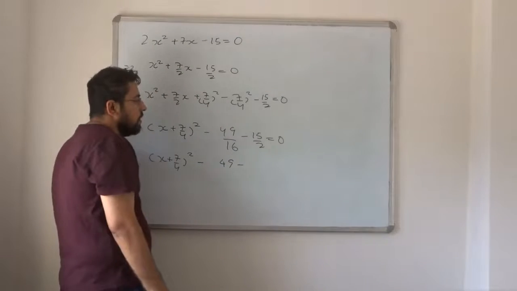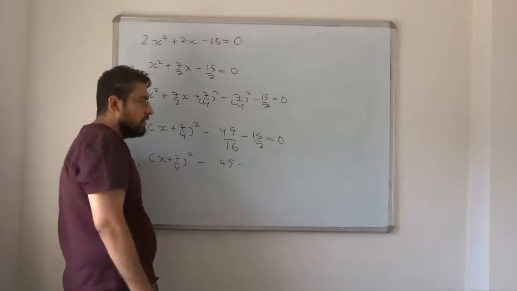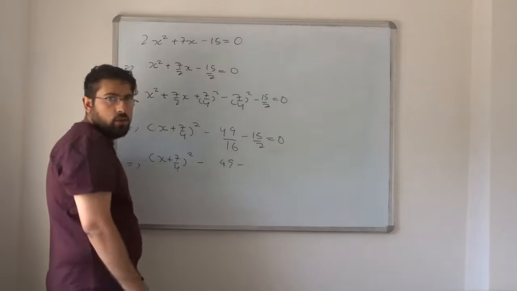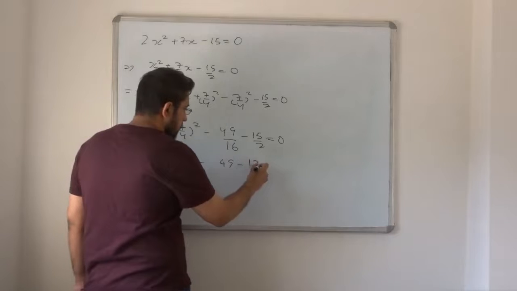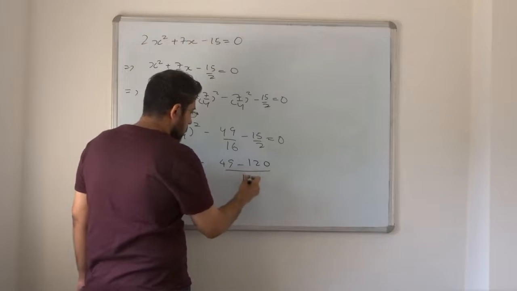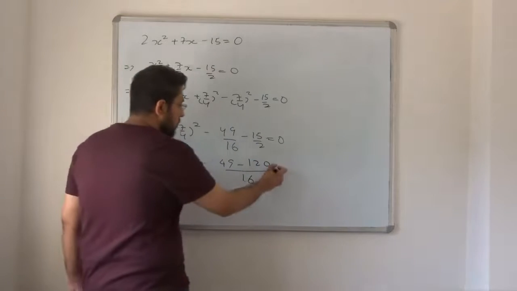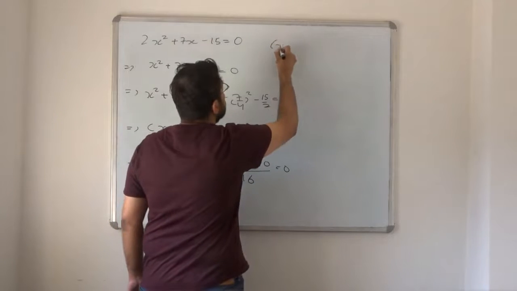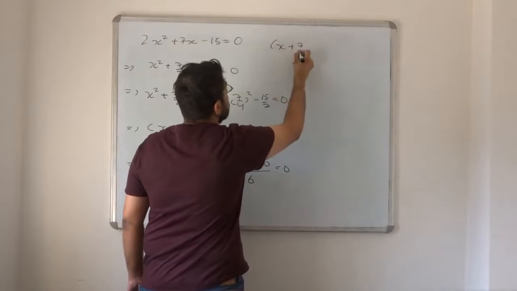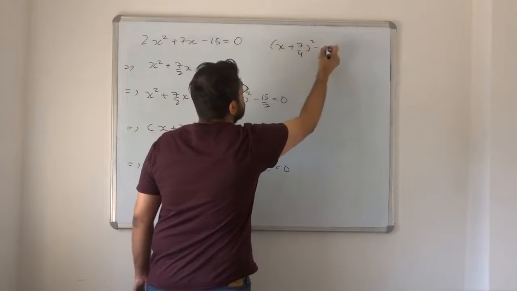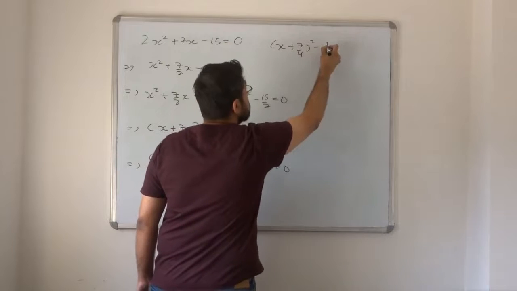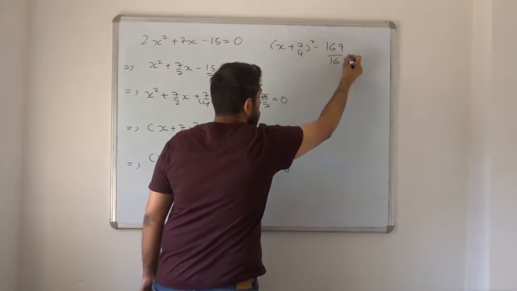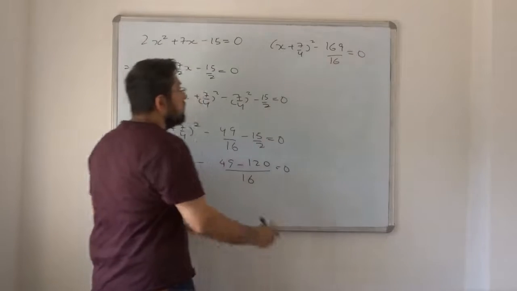Now 16 divided by 2 is 8, so 15 multiplied by 8 is 120. 20 over 16, you have to carry the LCM back. So now you have x plus 7 by 4 squared minus 169 upon 16 equals 0.